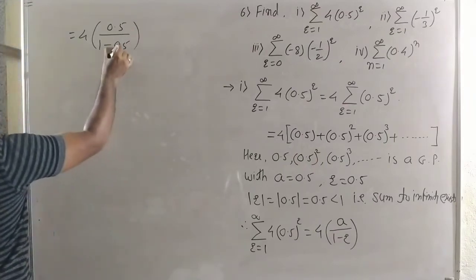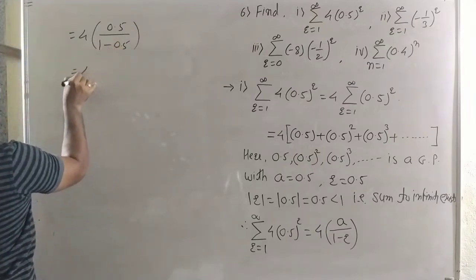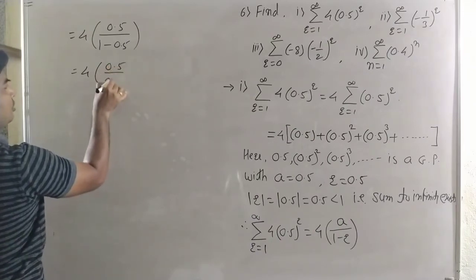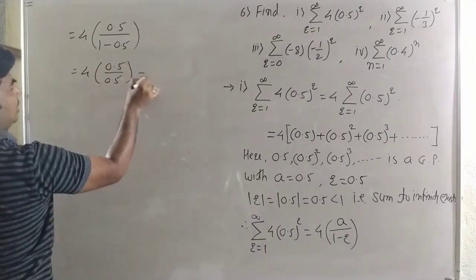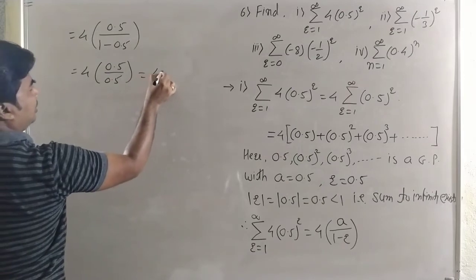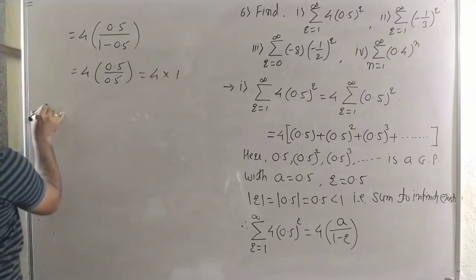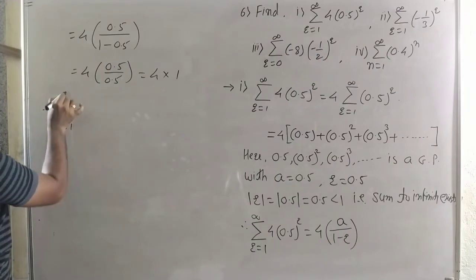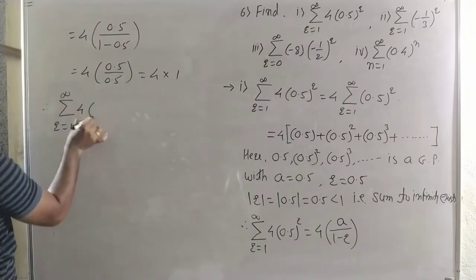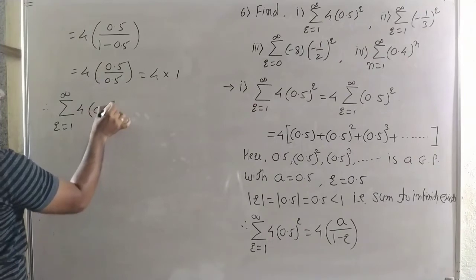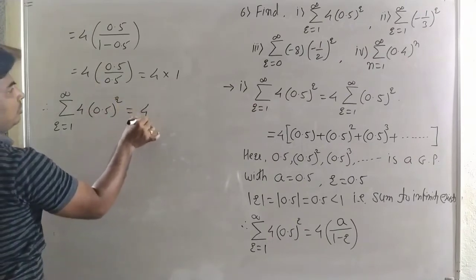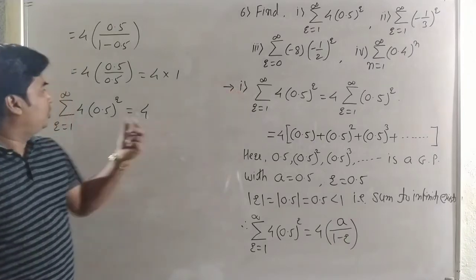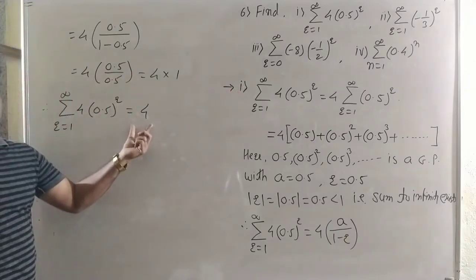Then it is 4 into 0.5 upon 0.5, which is 4 into 1. Therefore the summation r is equal to 1 to infinity of 4 into 0.5 to the power r is equal to 4. That means the answer of question number 1 is 4.